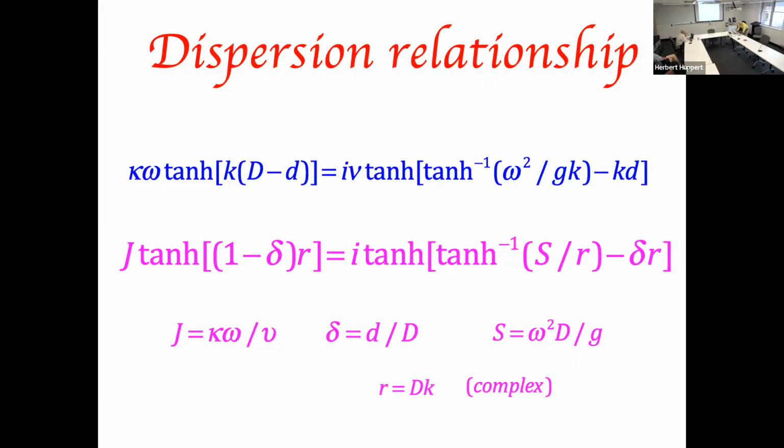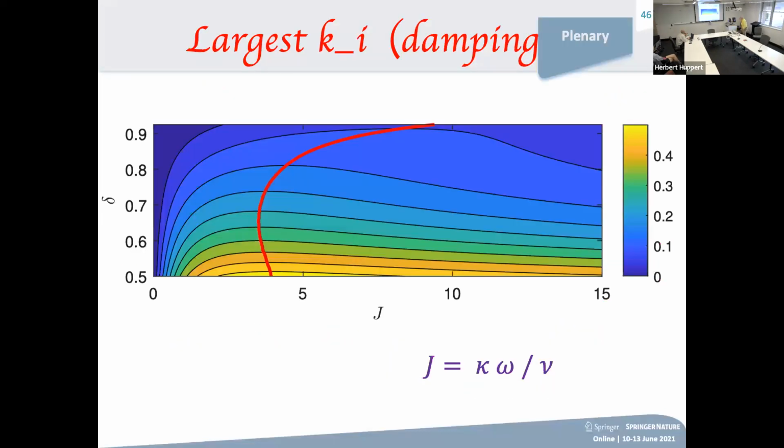Well, the dispersion relationship is exactly the same as before. And what we can do is, given the parameters, the J and the S and the delta, the ratio of the porosity, calculate where you'd want to be to get the largest value of the imaginary part of K. In other words, where the damping would be at its maximum.